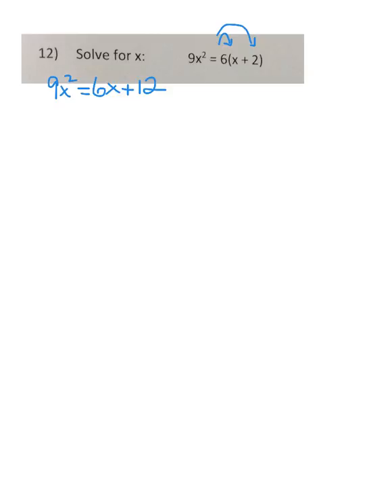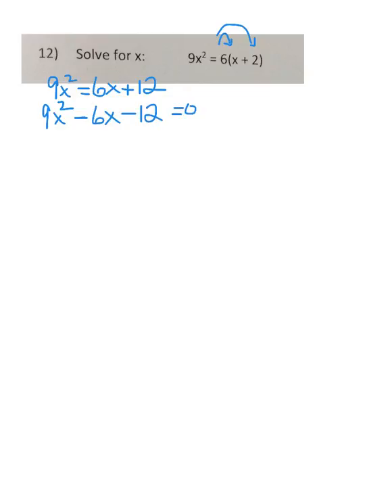So I'm going to take all of these terms here and move them over to the left-hand side. So remember, when I do that, though, I have to change the signs. So I'm going to have 9x squared. That's going to stay. But when I move that 6x over, it's going to become minus 6x. And my plus 12 is going to become minus 12.